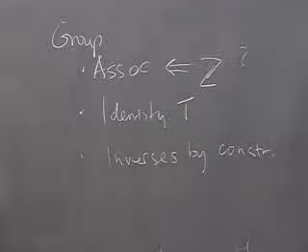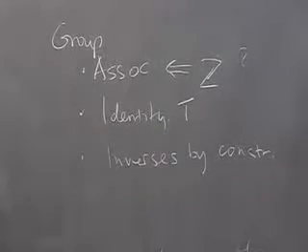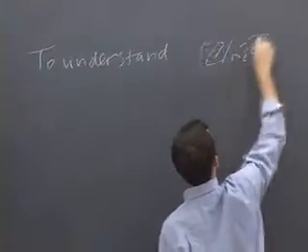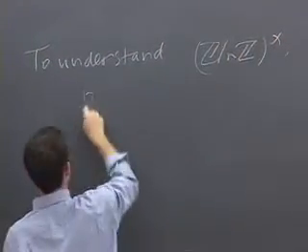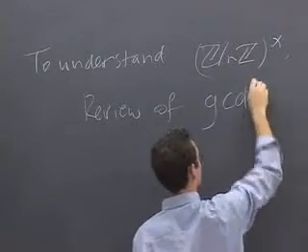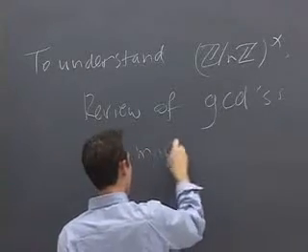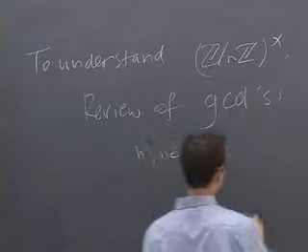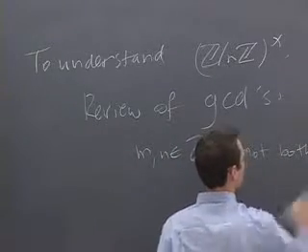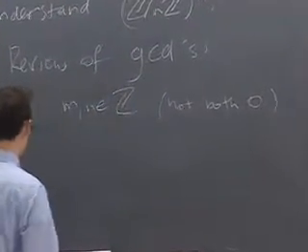So, to understand Z mod nZ star, a review of greatest common divisors. If I have m and n integers, I'm going to assume they're not both 0. It's just a hypothesis that's going to make theorems easier to write down.